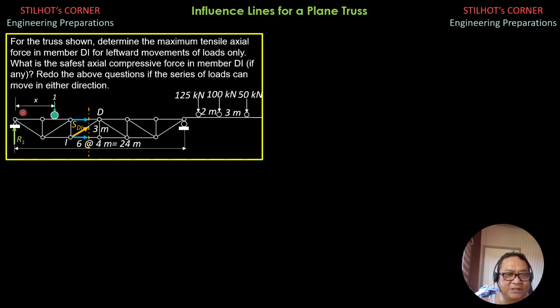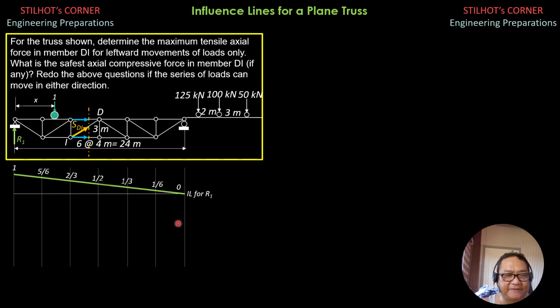Because the truss is end supported with equal length of each panel, the influence line can easily be constructed as shown in the figure: 1 at this position of the load, then 0 when the unit load is on the other support. There are 6 panels, that's why the reaction reduces by 1/6.